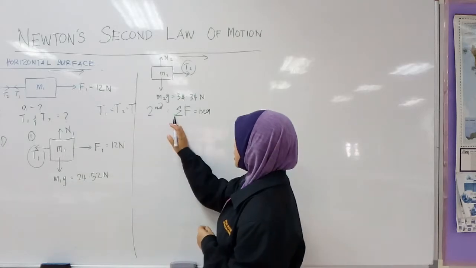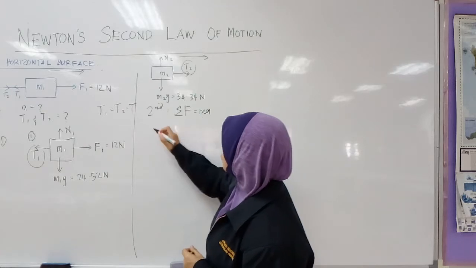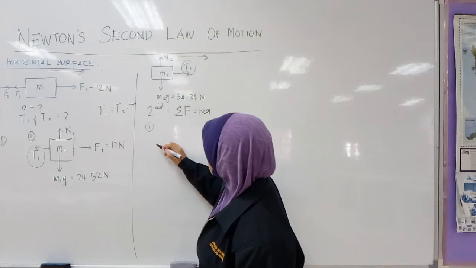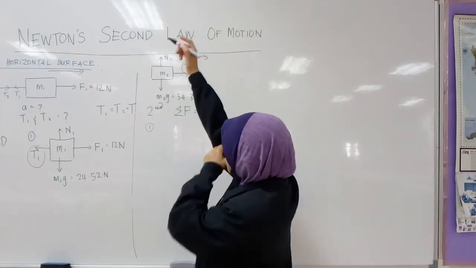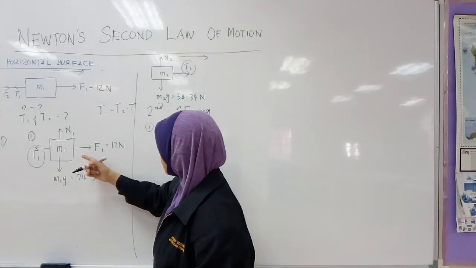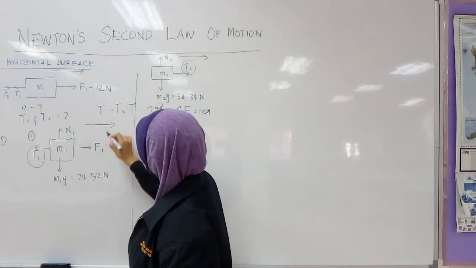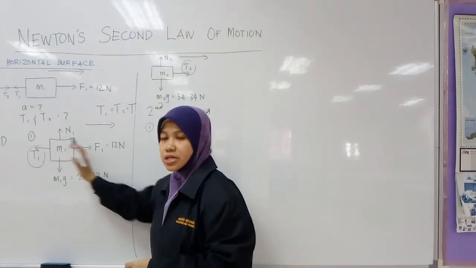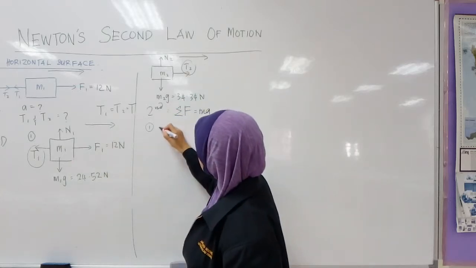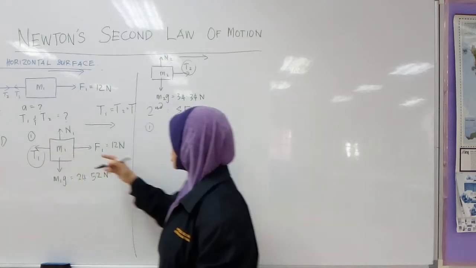So back to Newton's second law of motion equation. For object 1, the net force in the direction of motion, any force in the direction of motion, we consider it positive. Here, F1 is in the direction of motion, T1 is opposite to the motion.